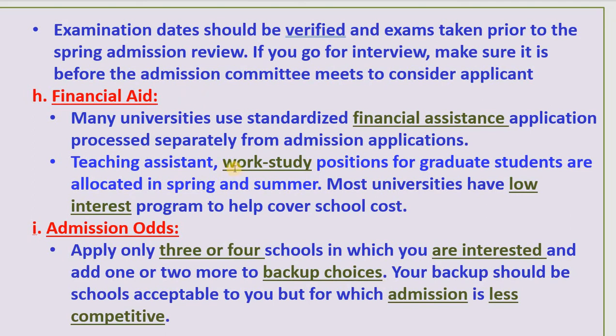Something you can borrow and pay back with no interest. Something you need to pay interest on 6 months after you graduate. And some schools give you work study, or you can pay the rest with low interest. They have a few more programs to help you go to school.